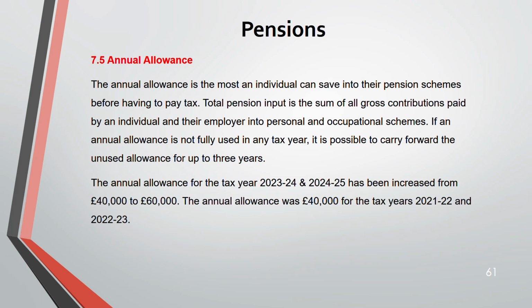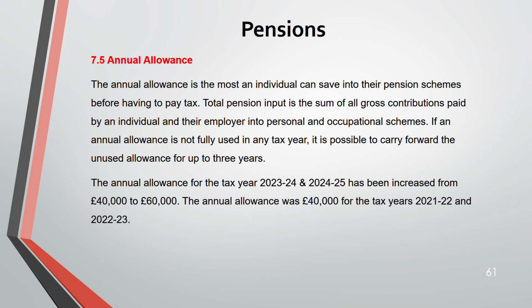The annual allowance for the tax years 2023-24 and 24-25, that means this year and the last year, there has been a difference. Last year it was 40,000. This year it increased to 60,000. So the annual allowance changed this year. For the tax years 21-22 and 22-23, it was 40,000.